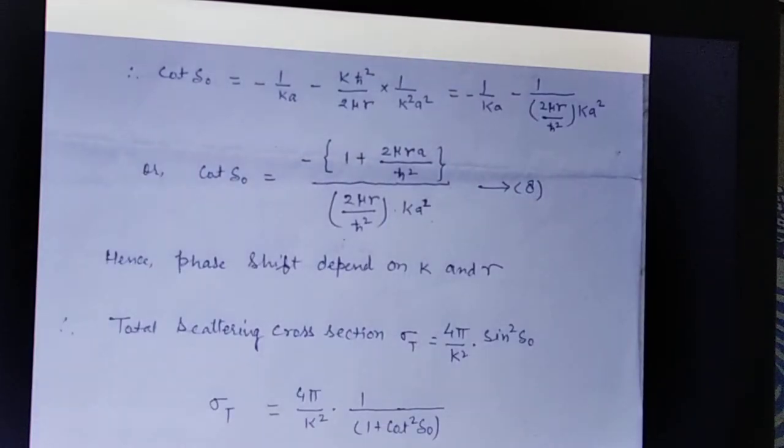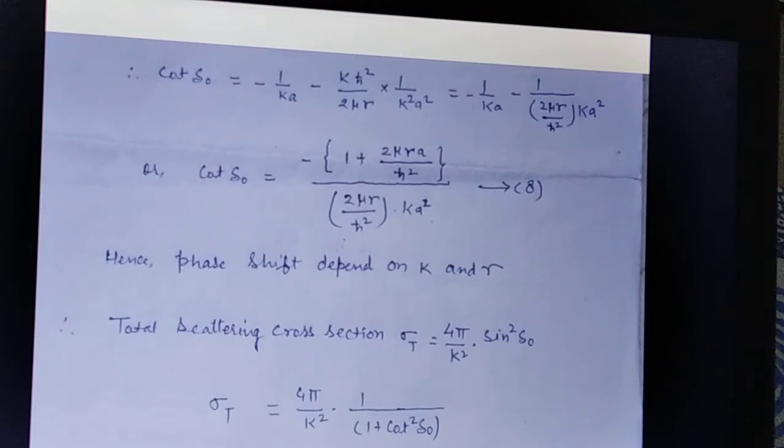On putting all these values in the above equation, we have cot of delta 0 equal to minus 1 plus 2 mu gamma over h cross square over 2 mu gamma over h cross square dot ka square, equation number 8.